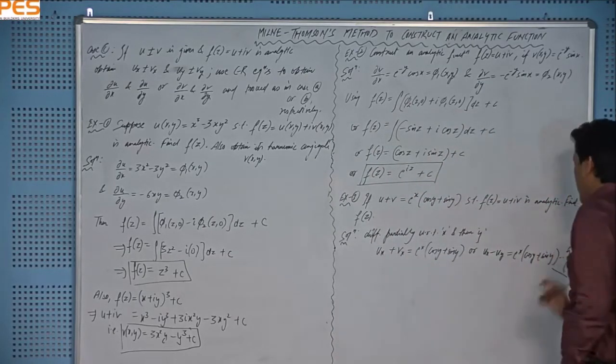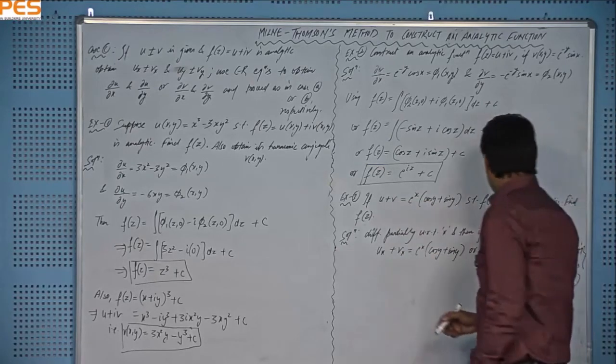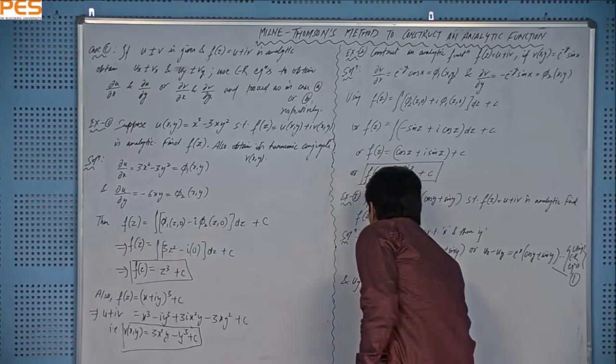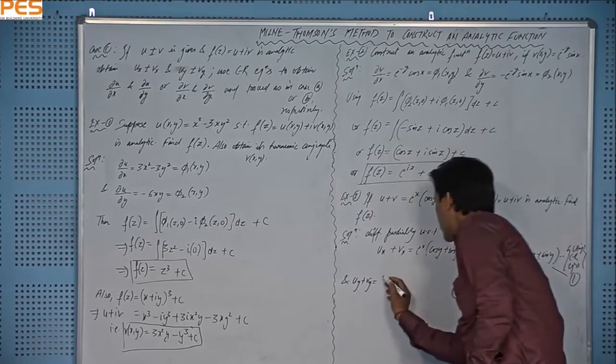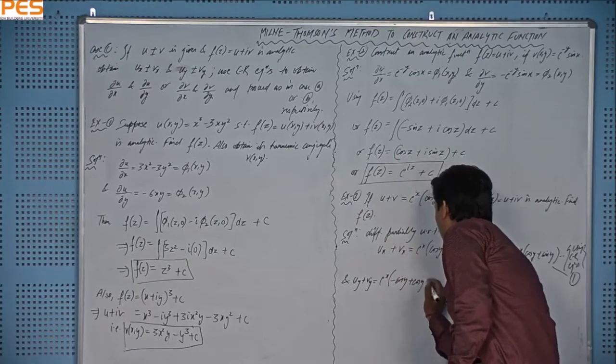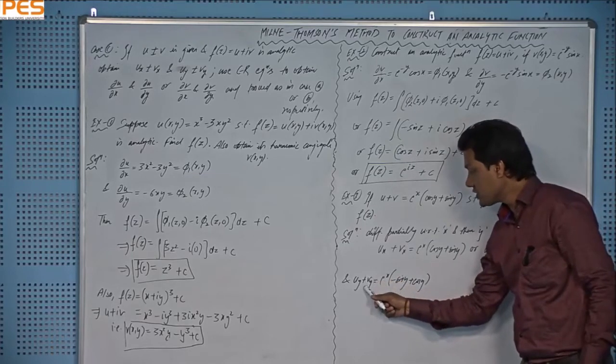Fine. And now differentiating the given relation with respect to y, u_y plus v_y equal to, its differentiation with respect to y will give minus sin y plus cos y, right? And again I want everything in terms of u, so I will change it.